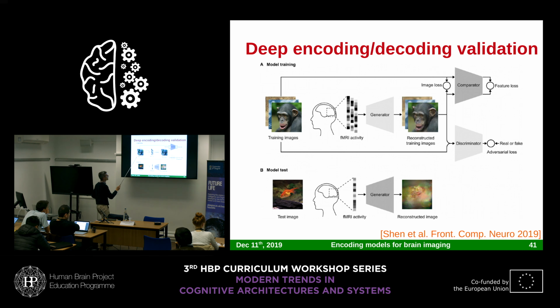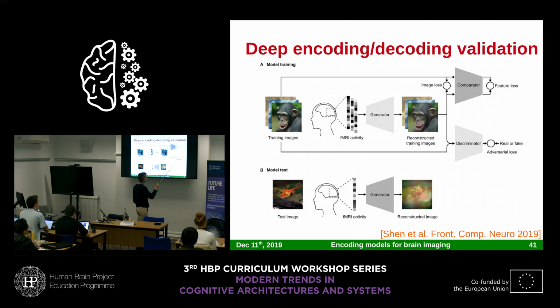And so the thing works that way. You have the training images, you have the corresponding fMRI activity. With a generator, you can try and reconstruct the training image. The generator is a deep network, like a convolutional network that we talked about. And then you've got a discriminator that tries to predict if the image is real or fake.